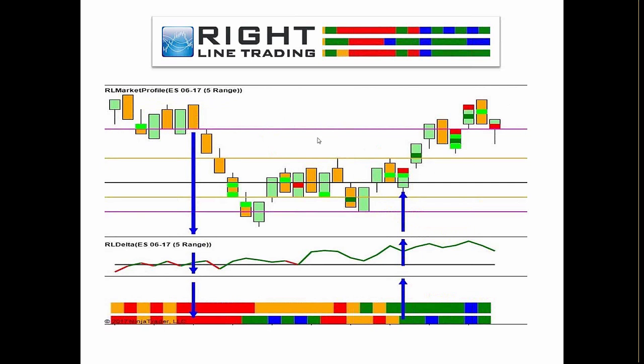These are a little squashed, and the candles are bigger, but these are trades I actually took live to the short side, to the long side, with the alignment of order flow and momentum. See here in the middle, where they don't align, price chops.